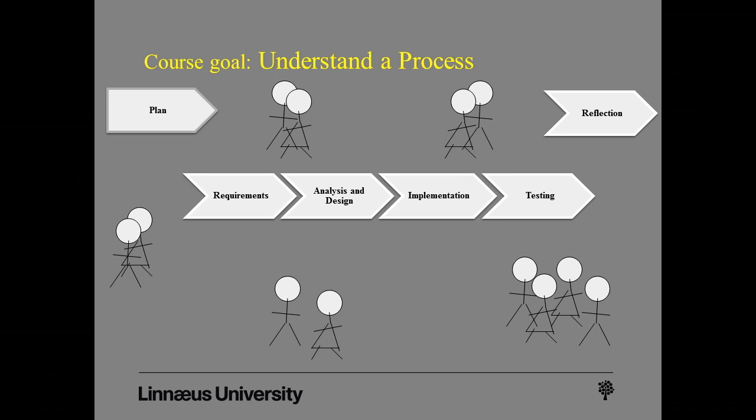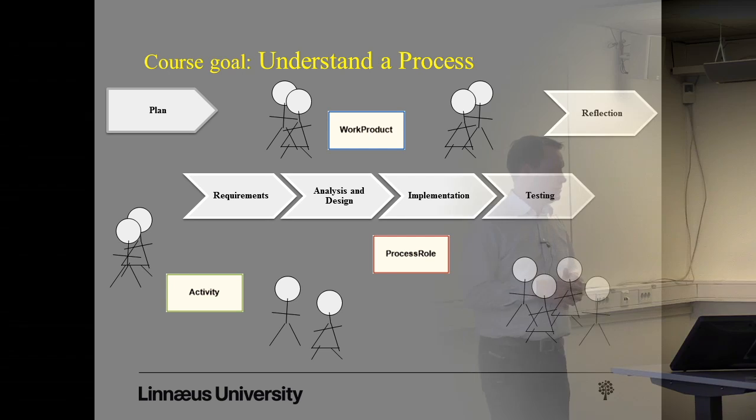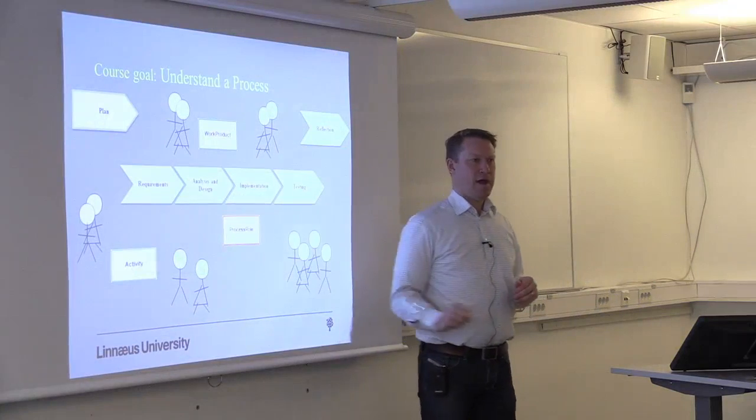So understanding a process means to focus on three types of entities. The guys involved in the project, the stick men here, stick women too, they perform in different roles. So sometimes I'm the project manager, sometimes I'm the developer, someone else could be tester, requirements analyst, different roles. More. These roles, they perform activities.